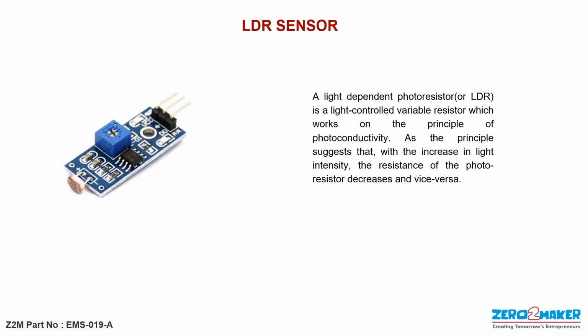LDR. LDR is a light dependent sensor. It is a variable resistor which works on the principle of photoconductivity.